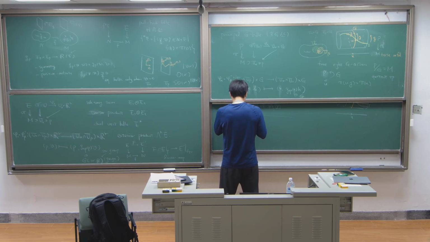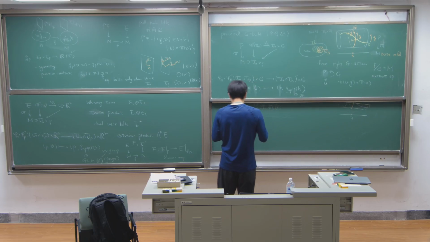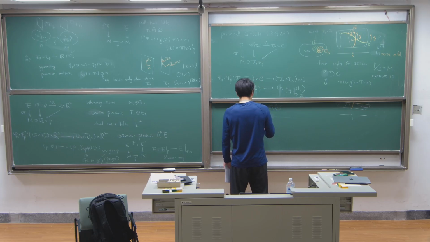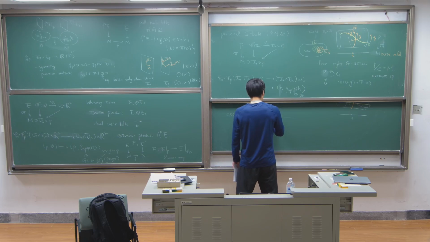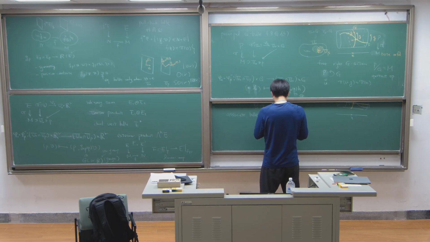So if you have a representation G, rho, to construct the associated bundle, you take the principal G bundle and create the associated bundle, which we write as P cross_G rho V. So this is the principal G bundle.